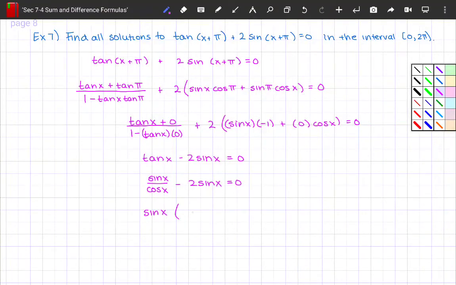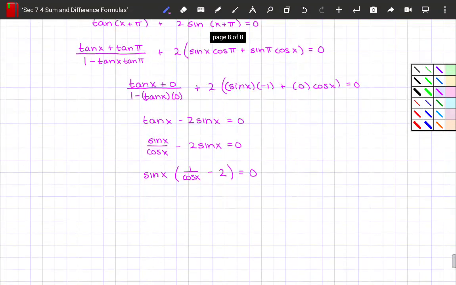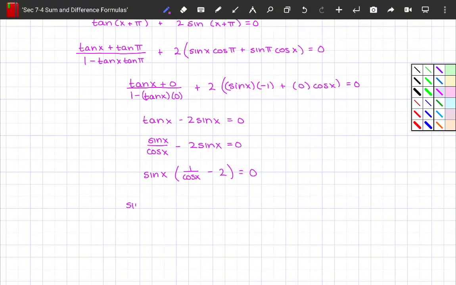If I factor out a sine, the first term I'm left with 1 over cosine, and the second term I'm just left with a 2. And now we can solve both of them separately. Zero product property. Set each factor equal to 0. 1 over cosine x minus 2 equals 0.